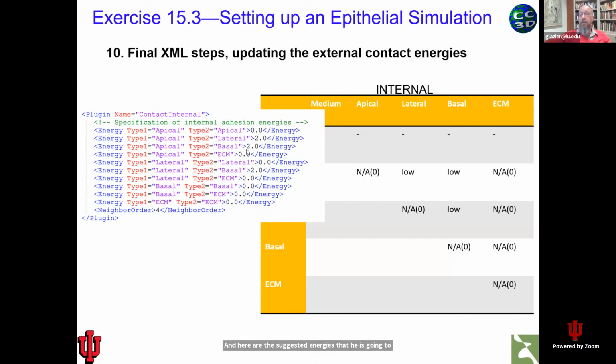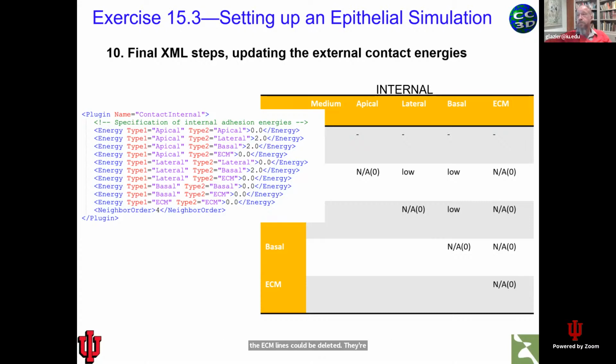And here are the suggested energies that he's going to use. If you look at contact internal, you'll have a big table. We'll set apical to 0, apical lateral to 2, apical basal to 2, apical ECM to 0, lateral to 0, lateral basal to 2, lateral ECM to 0, basal to 0, basal ECM to 0, ECM to ECM 0. ECM is not going to be part of the cluster, so in fact the ECM lines could be deleted.